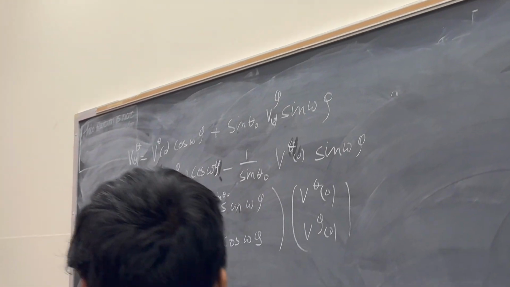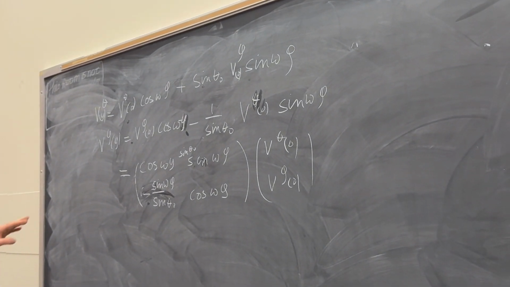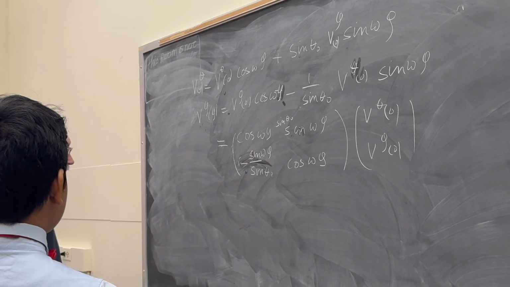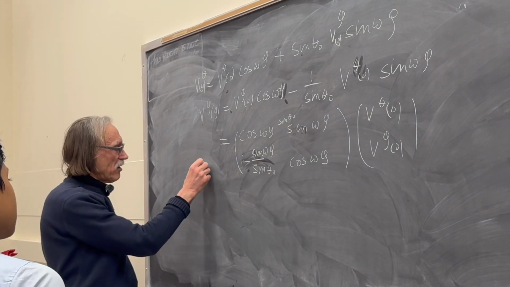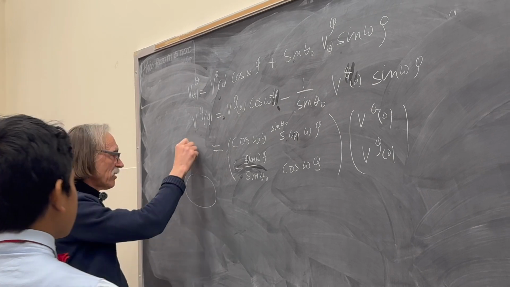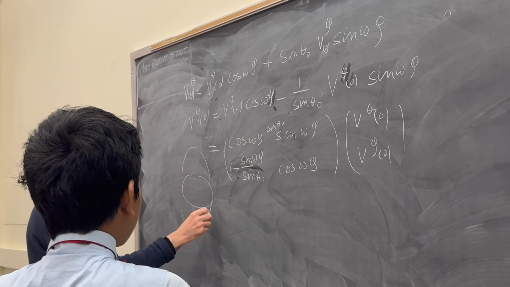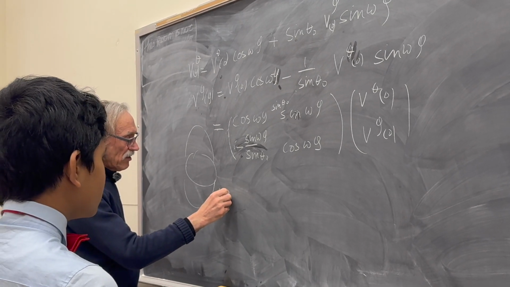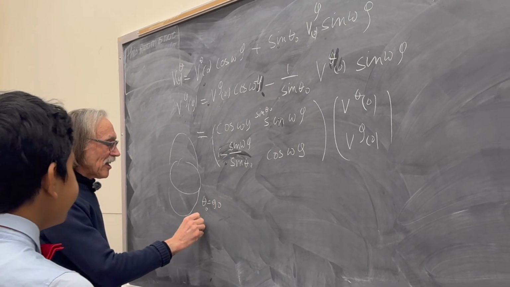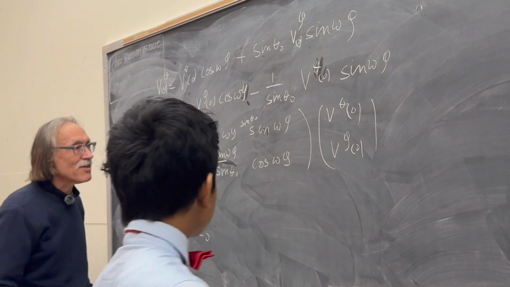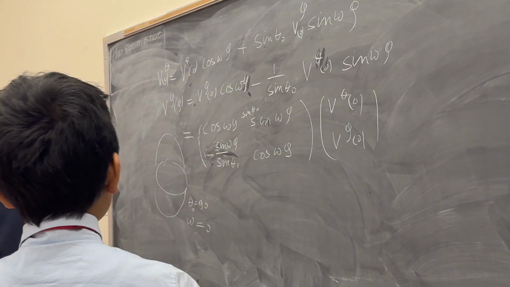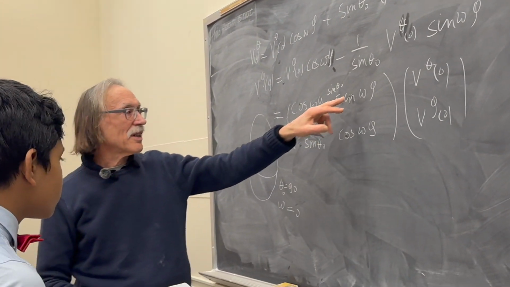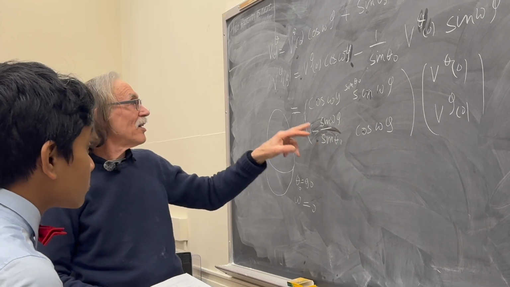So if we now look at maybe one case, the case on the equator, where theta 0 is 90 degrees. That means that omega is equal to 0, and then this is 1. When omega is equal to 0, this is equal to 0.